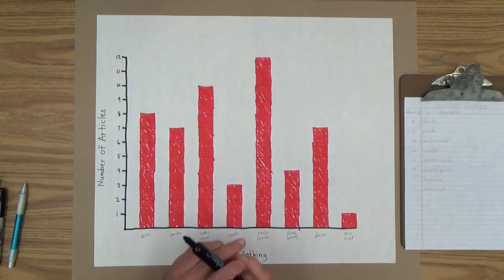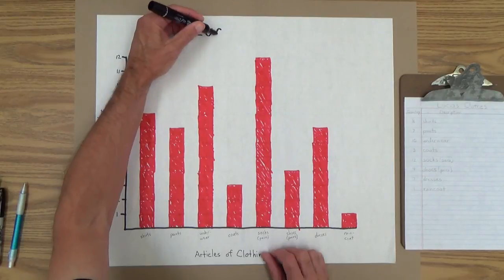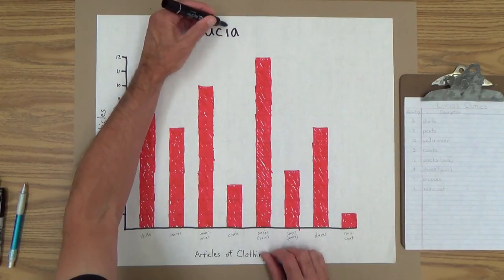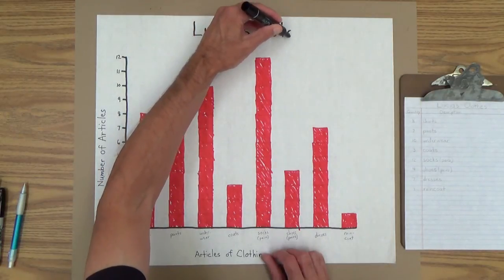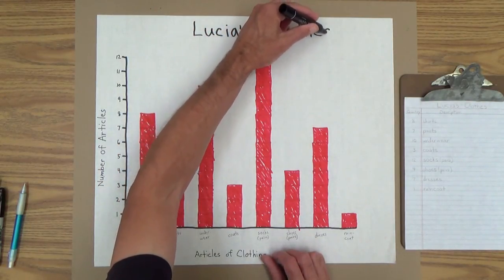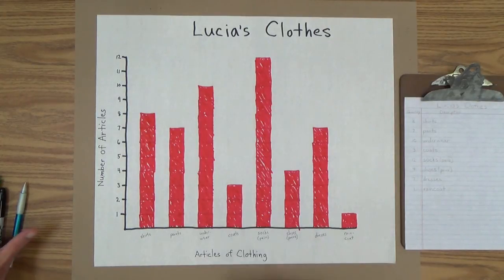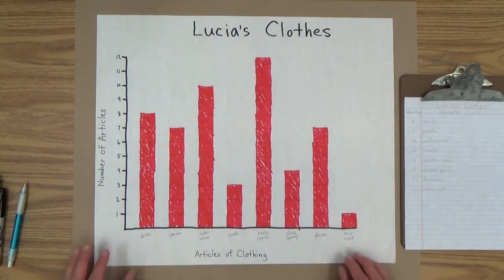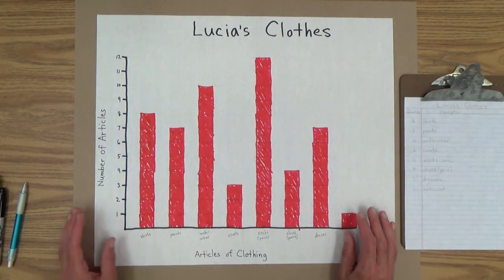I'm just going to call it Lucia's clothes. All right, and that, of course, is what we call the title of the graph. So now our graph is pretty much complete. It has a title, so we know what we're actually looking for here.